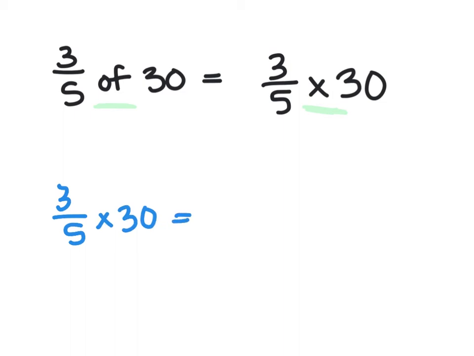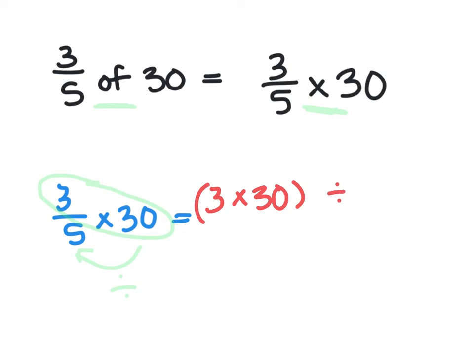So let's say we have 3/5 of 30, but we're using multiplication. We can multiply 3 times 30 and then divide it by 5. So 3 times 30, you'll figure out whatever that answer is, and then you'll divide that answer by 5. And we should get the same answer.